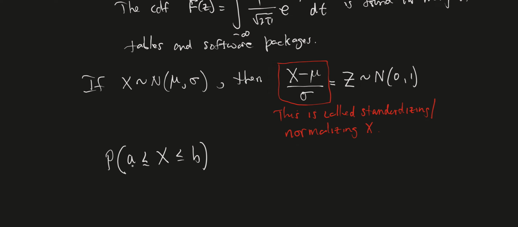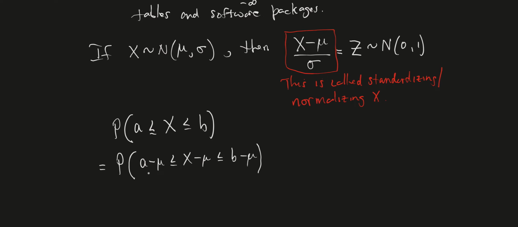So what we do is we take this inequality and we subtract the mean from all 3 parts. I'm going to do it in stages here. First, I'm just going to use algebra on this inequality. So I'm going to take a minus mu, x minus mu, b minus mu, right? Algebraically that's the same.